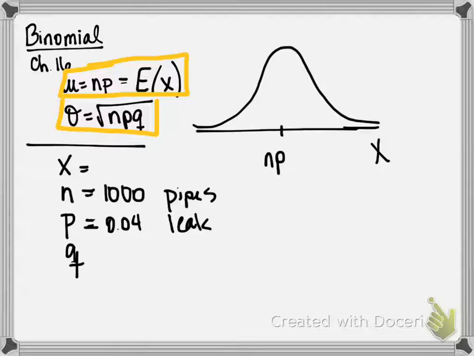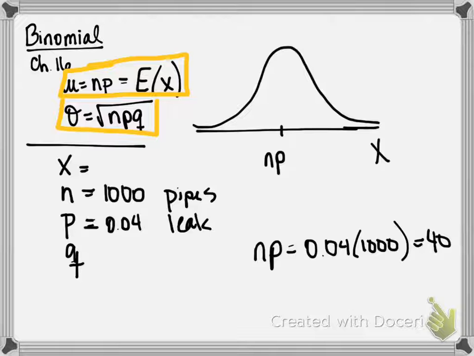So the expected value of number of leaks would be n times p, or 0.04 times 1,000, which is 40. Note that q will be 1 minus 0.04, or 0.96, and n times q in this case is 960.